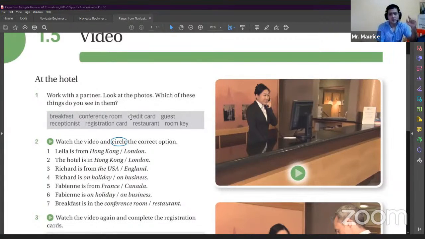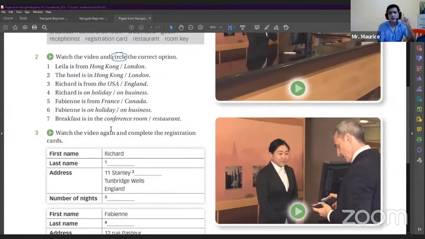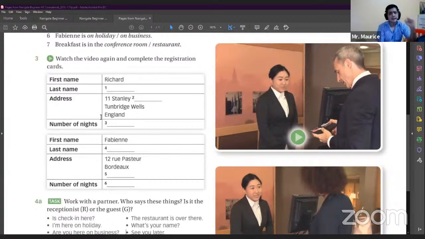Recuerde, número 1, observe las imágenes y qué objetos se ven en ellas. 2, observe el video, ¿ok? Y tiene que encerrar la respuesta correcta. 3, una vez más, observa el video y completa la carta de registro, el documento de registro.